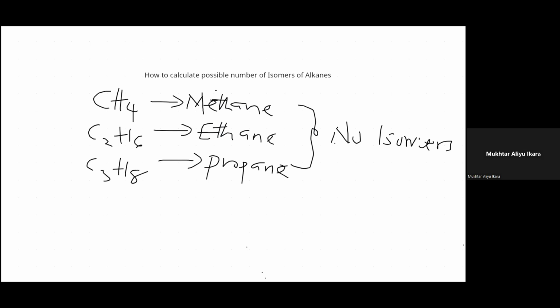The next member of alkane is butane, and butane has 4 carbon. The first carbon has 3 hydrogen, the second carbon has 2 hydrogen, the third one also has 2 hydrogen, and the last one has 3 hydrogen. So we have 4 carbon atoms here. This is called normal butane, N-butane.